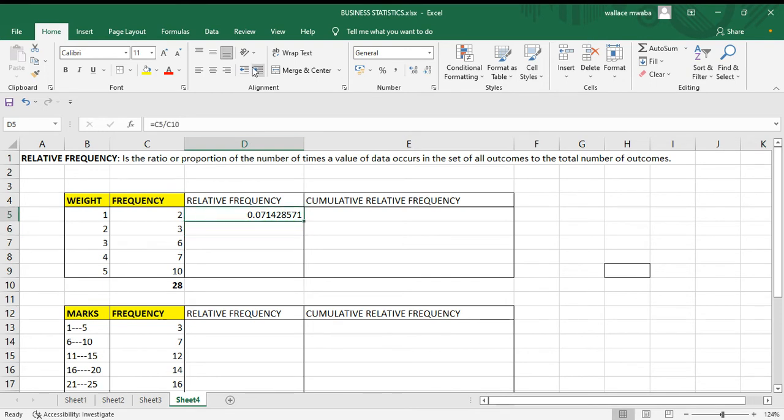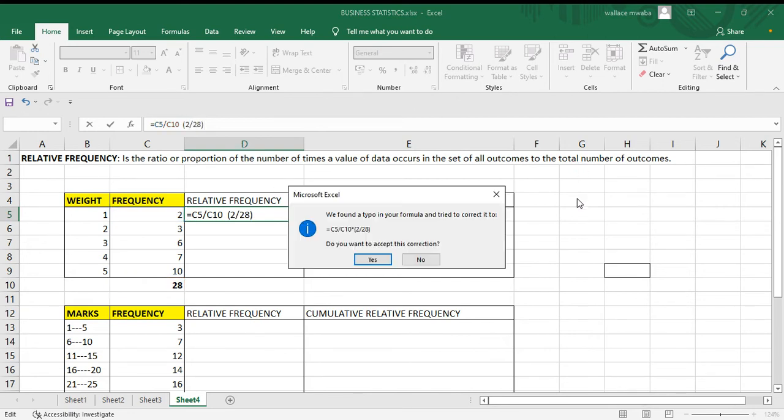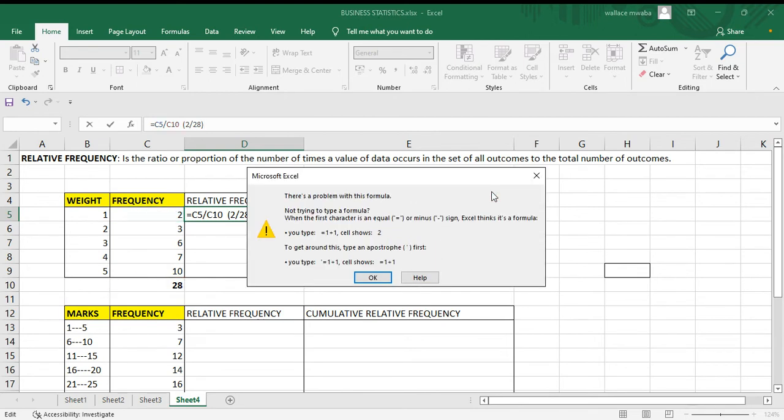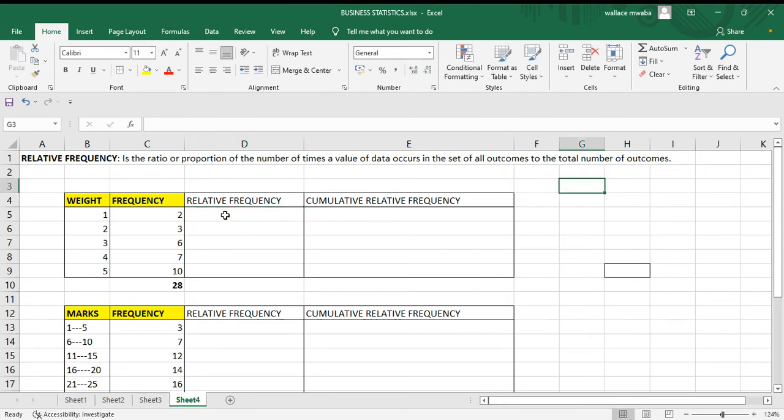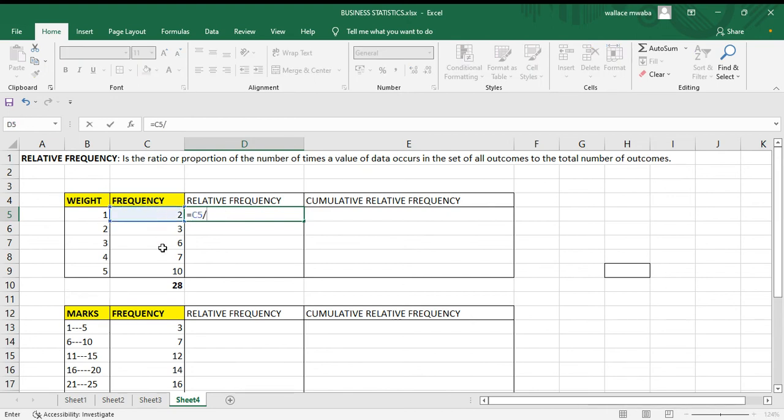Okay, so let me just put it here in brackets to say 2 divided by 28. Excel refuses to show that, so we'll do it like this then. Start 2 divided by 28, going 0.071.